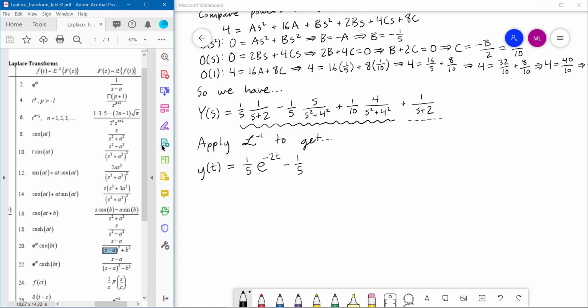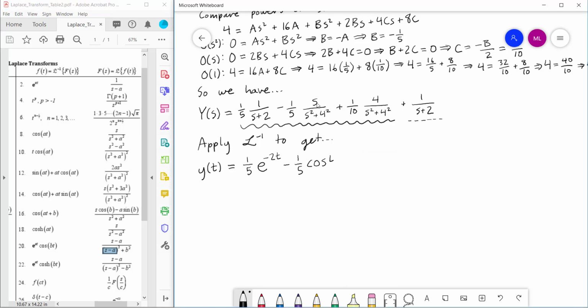So all I need is a to be 4, and it matches this form identically. So that's just going to turn into a cosine of 4t. You'll see enough of these that you'll probably be able to do a lot of these without having to reference the table. You'll see enough exponentials, sines, and cosines, and eventually exponentials times sines and cosines, that they'll become kind of second nature.